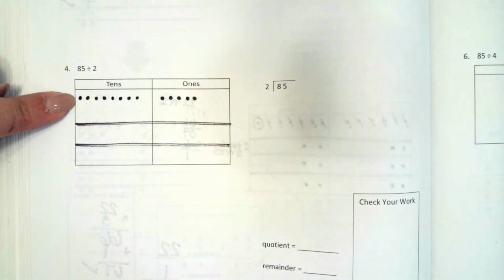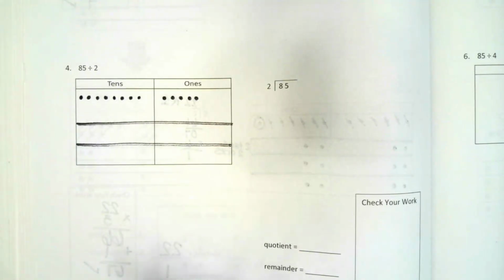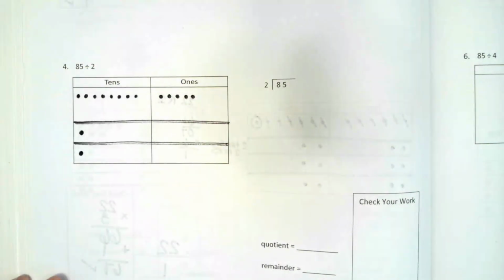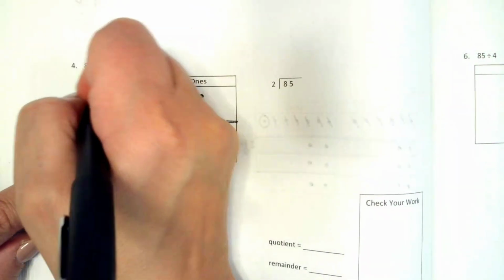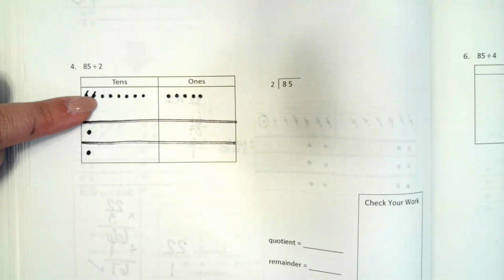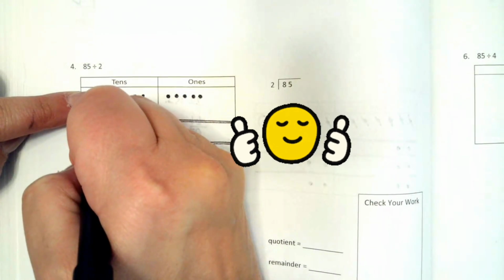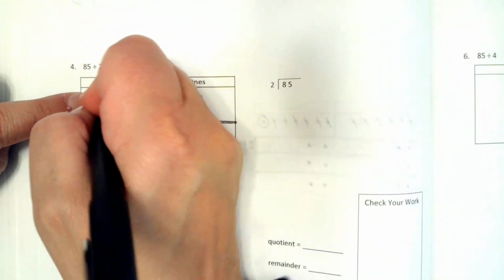We have 8 tens. We need to put them into the 2 groups. So start by putting 1 in each group. And then we used 2 of them, so cross off 2. Then we see, can we do another dot in each group? Yes. So put another disc in each group. We use 2 more, cross off 2 more.